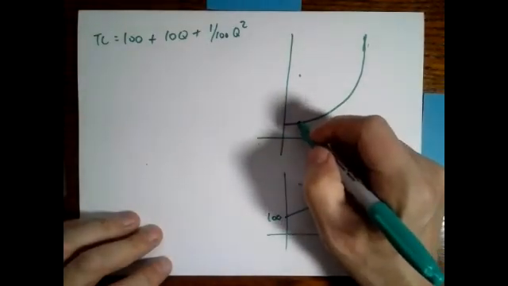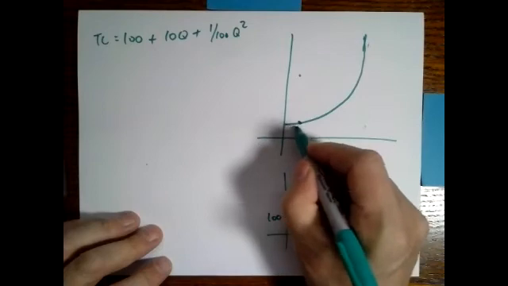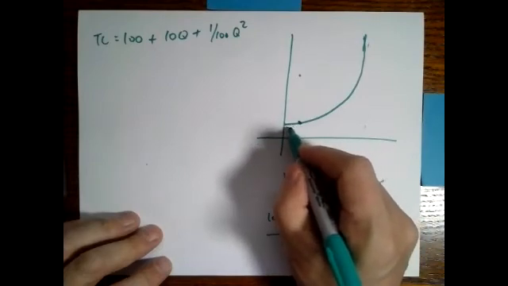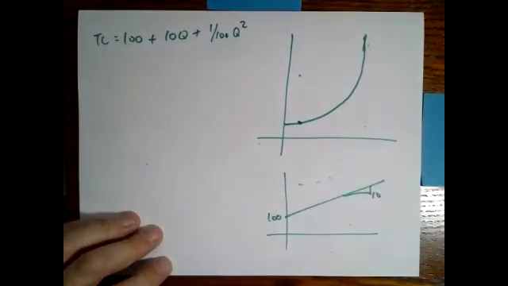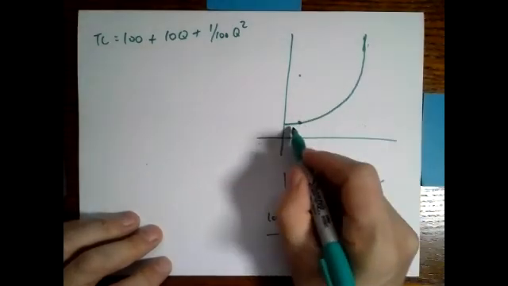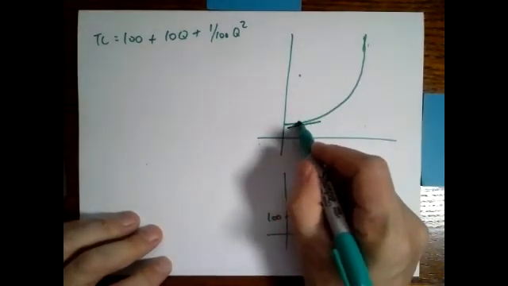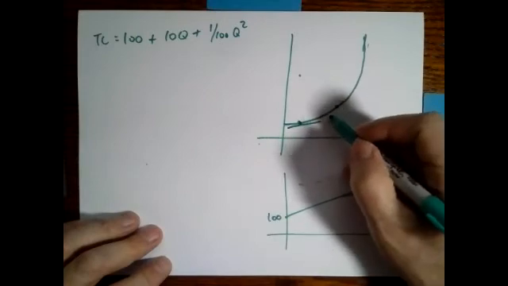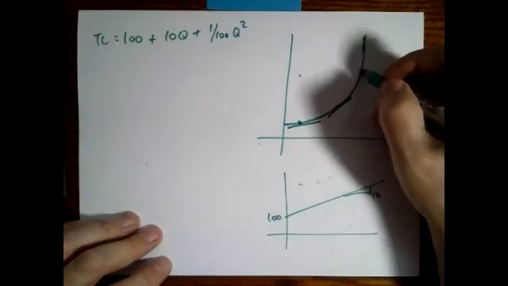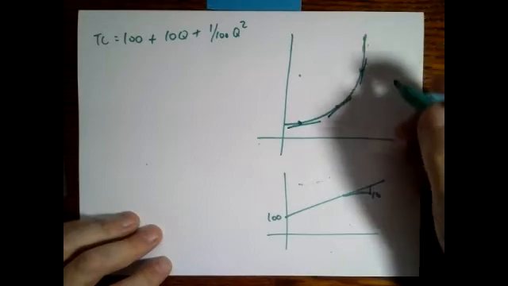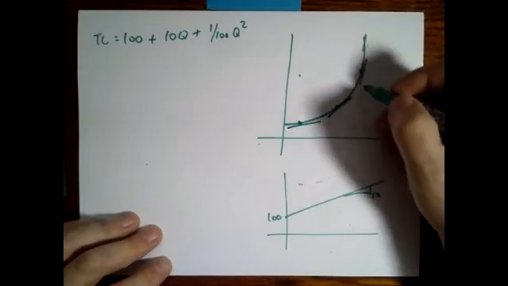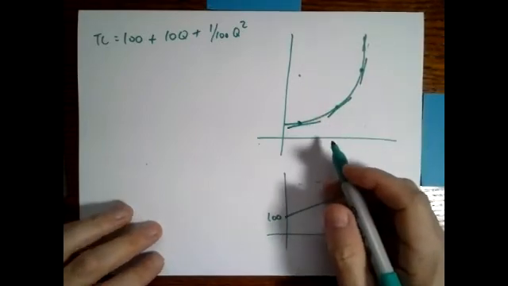So the way that we find the slope of this curve is we take the tangent at different points on the curve, and at any given point the tangent gives us the slope.